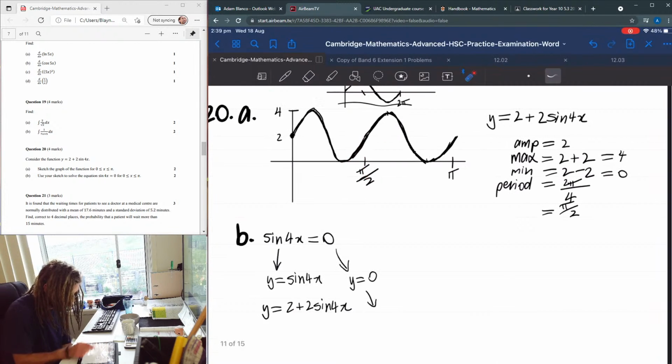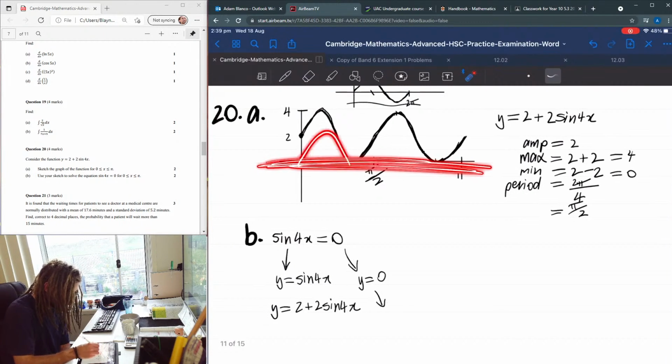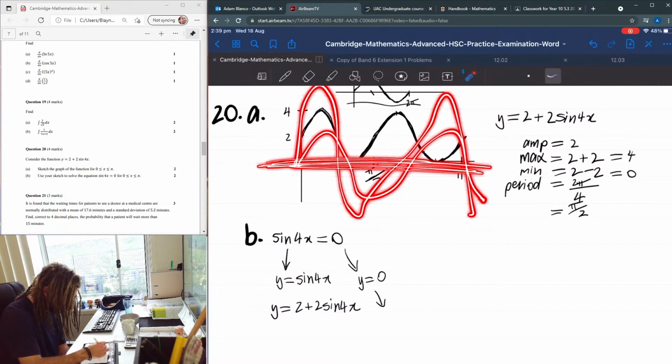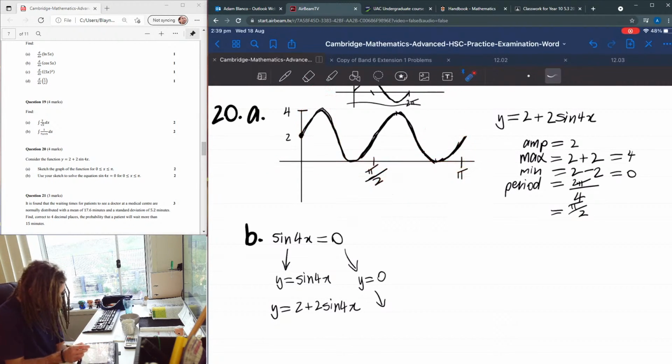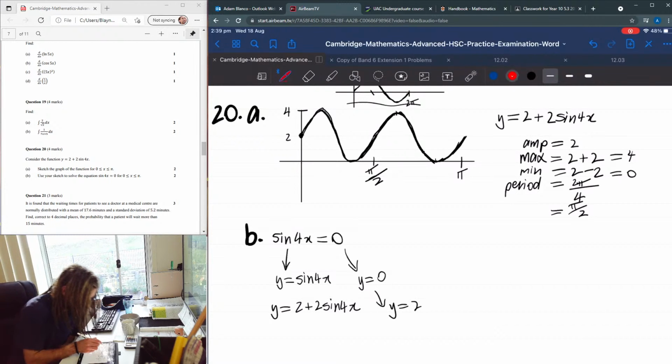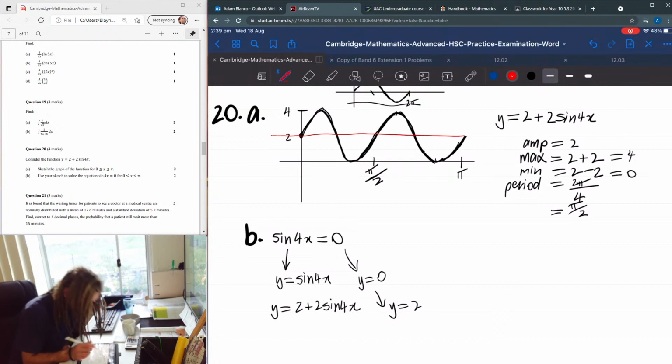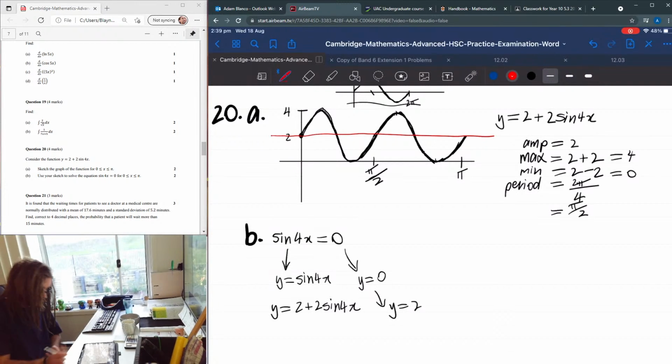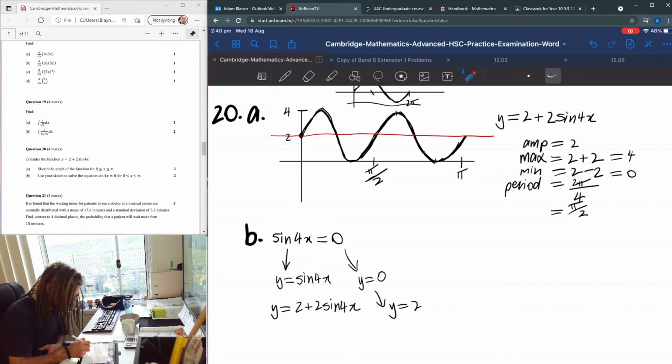It's kind of when it crosses this. If you imagine you just had a normal sine, it doesn't matter if it's this or this, it's still crossing at the same points. It's just a matter of this plus 2. So I'm going to have to raise this plus 2. So y equals 2. What that kind of means is I'm looking for these points. I hope that made some kind of sense. I've essentially just changed where the axis is.